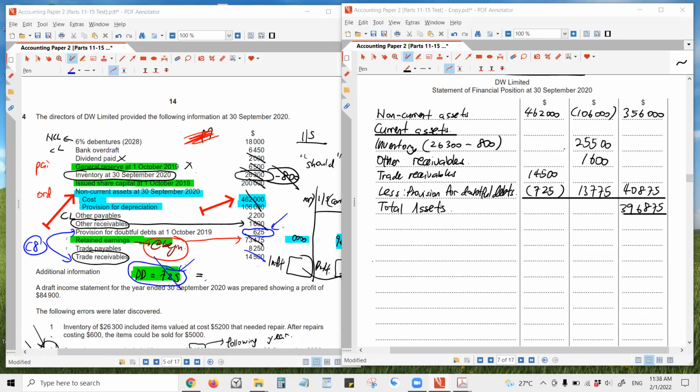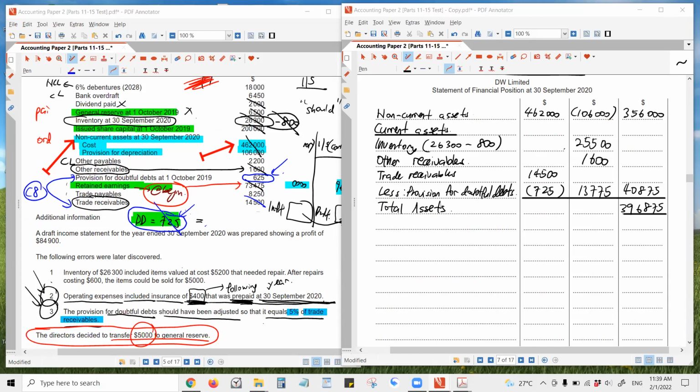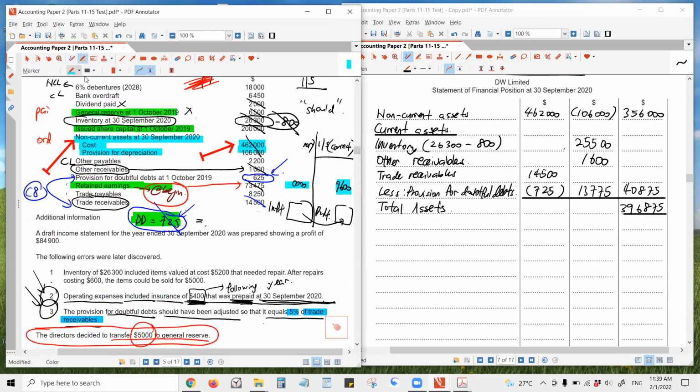One of you asked a very good question. Just now, remember from error 2, we found that the 400 is for the following year. The 400 is the amount that you have paid in advance. An expense that you have paid in advance is a current asset, right?